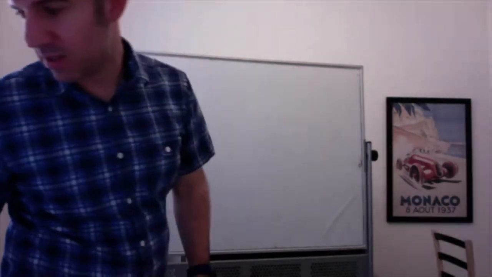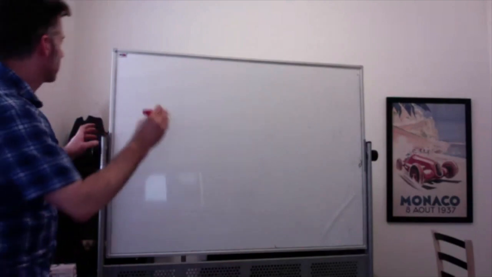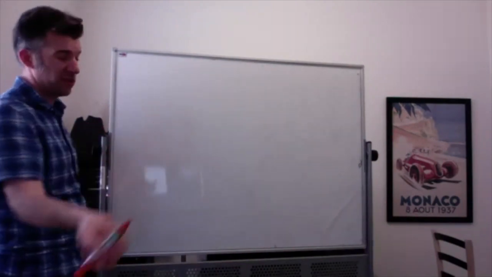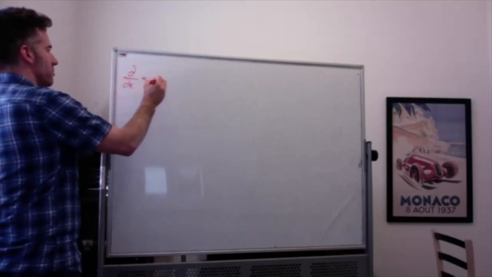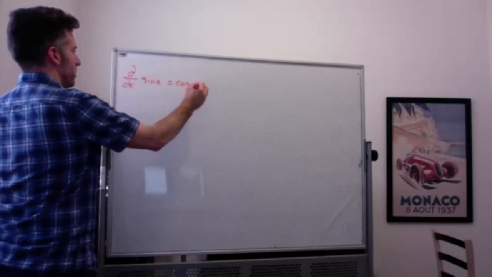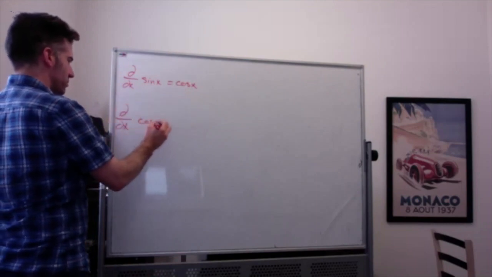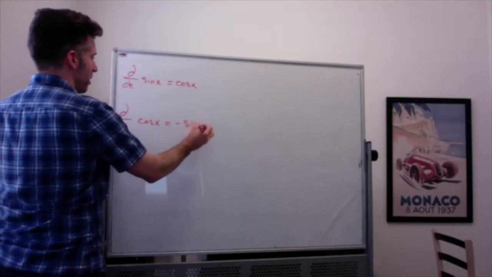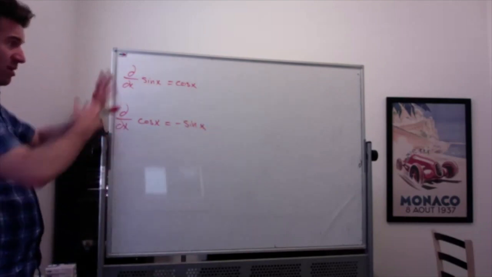I think it makes sense to finish the trig derivatives and then take a break. When I say finish the trig derivatives, I mean we know that the derivative of sine is cosine, and we know that the derivative of cosine is negative sine. Before we move on, I want to make sure that everyone is okay with this.